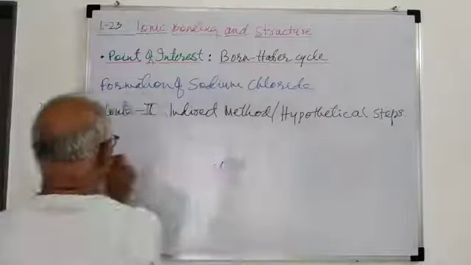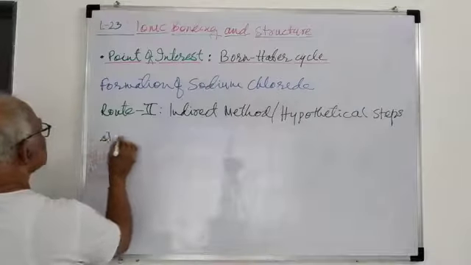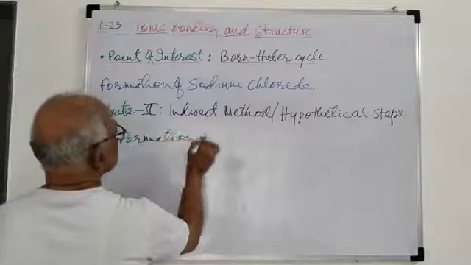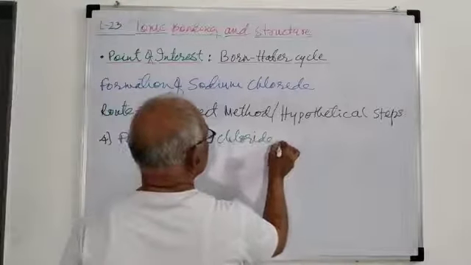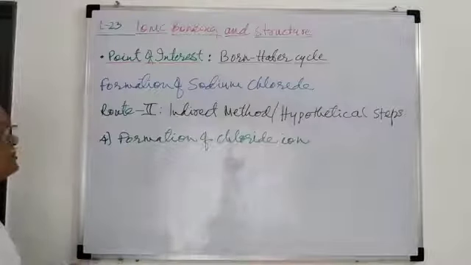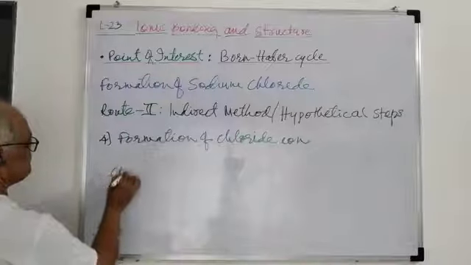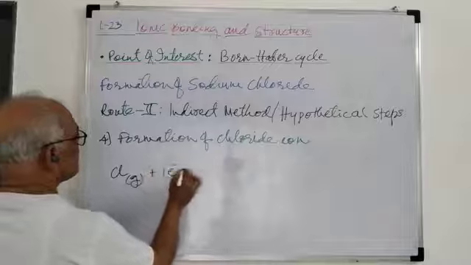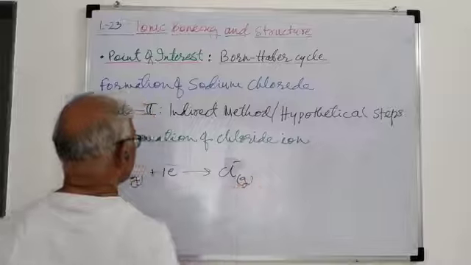Then the next step, that is the fourth step, is formation of chloride ion. This process takes place by using the chlorine atom in gaseous state, which gains one electron and gives Cl minus ion in gaseous state.